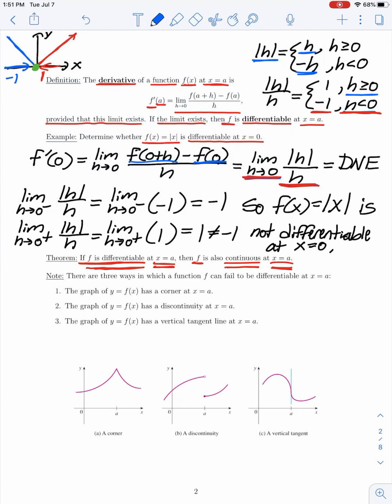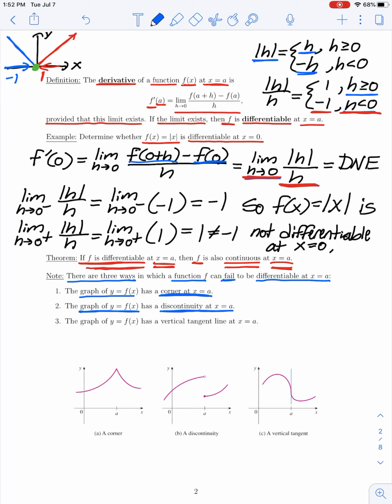Now altogether, there are 3 ways in which a function f can fail to be differentiable at a point. The first way is if the graph of our function has a corner at x equals a. So something similar to what we saw for the absolute value function. If we have a corner in the graph of our function at a point, then our function is not differentiable at that point. In part 2, or the second case where we might have a function failing to be differentiable, is if the graph of our function f of x is discontinuous at a.